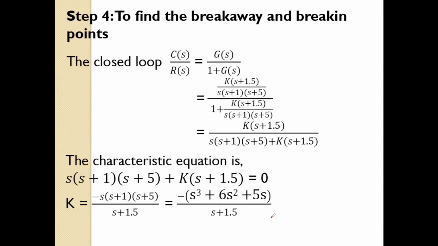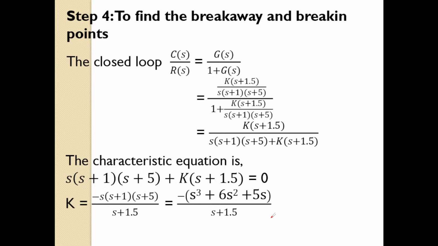Further simplify it after equating it to 0, and you can determine the roots of this equation. You will get s equal to minus 0.6, and s equal to minus 2.3 plus or minus j 0.86. So these are the s values.